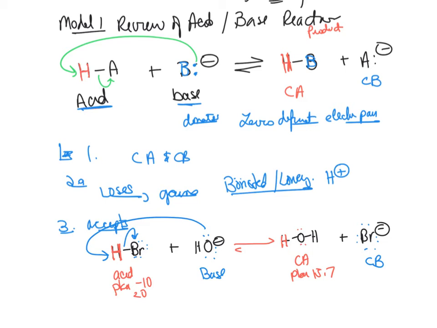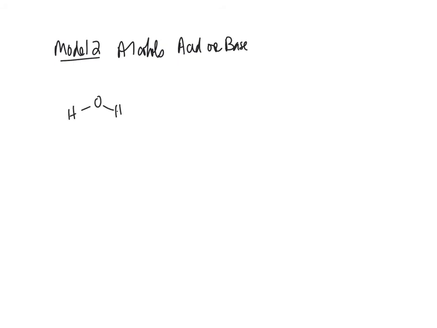Now we're going to do Model 2, where alcohol can either be an acid or a base. Okay, so Model 2. This is where alcohols can act as an acid or a base. So it depends on what it's paired up with. What do you put in the reaction vial? The R can be any carbon component.